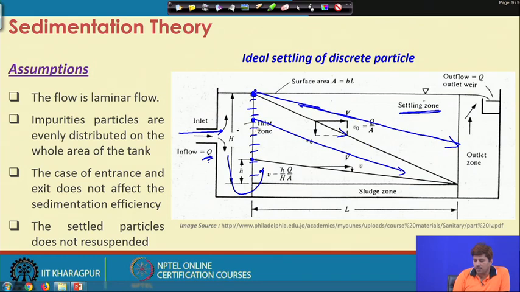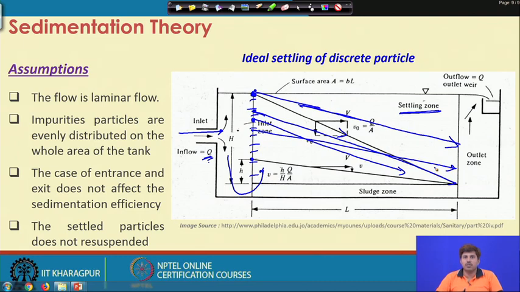Similarly, a very fine particle of this size is guided through here, while another very small particle entering at this point may have a trajectory like this. So, different particles have different trajectories, and depending on the size of the particle that we want to remove, we will have to dimension the tank.